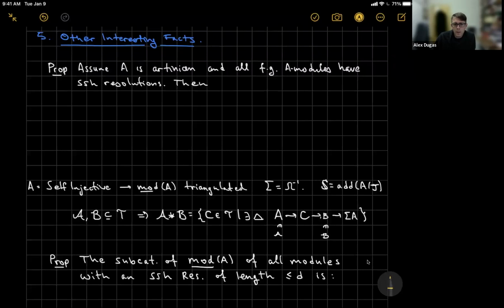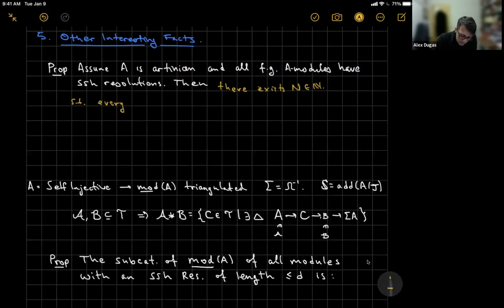So first of all, if we have an Artinian algebra and we know that all finitely generated A modules have SSH resolutions, then there exists a number n that really gives us a uniform bound on the lengths of these SSH resolutions.